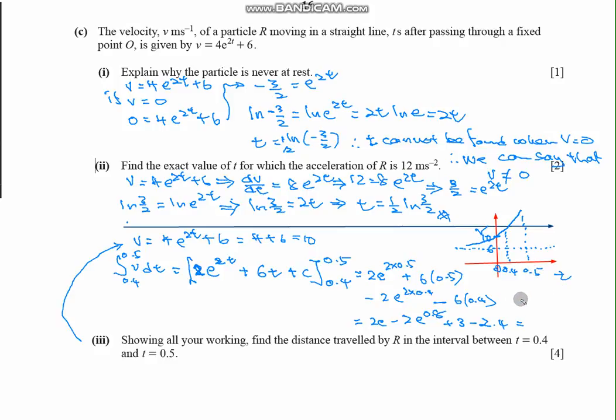Now let's talk about the earlier one. The previous question is v equal to 4t square minus 8t plus 3. So this is the earlier question.